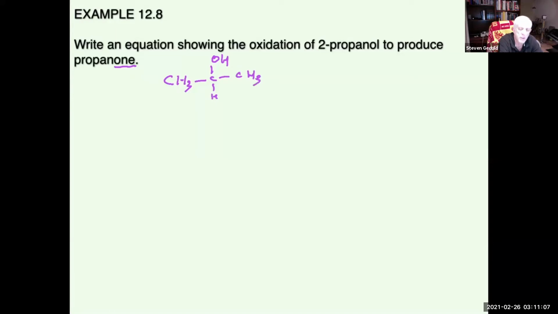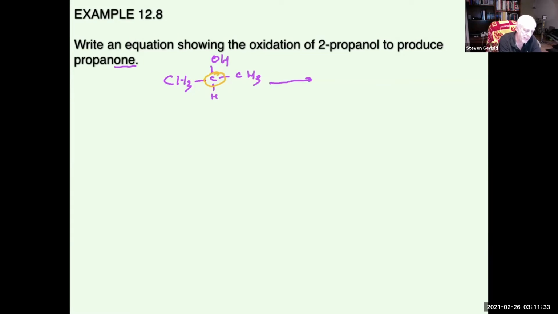Okay. 2-propanol, 3 carbons, all single bonds, OH group attached to number 2 carbon. That is a secondary alcohol because there's 2 carbons attached to the carbon of the OH group. That makes it a secondary carbon. So you know it's going to produce a ketone.